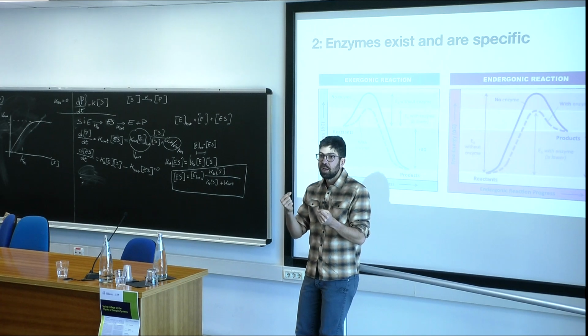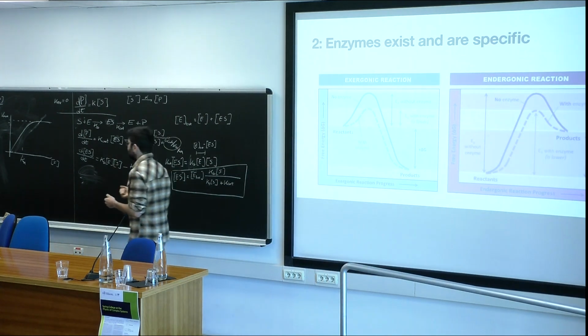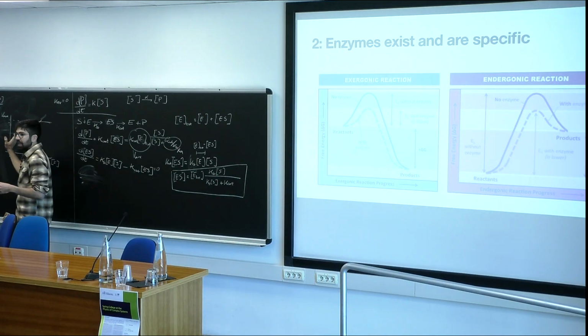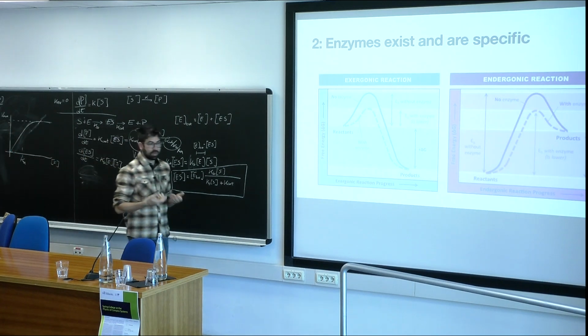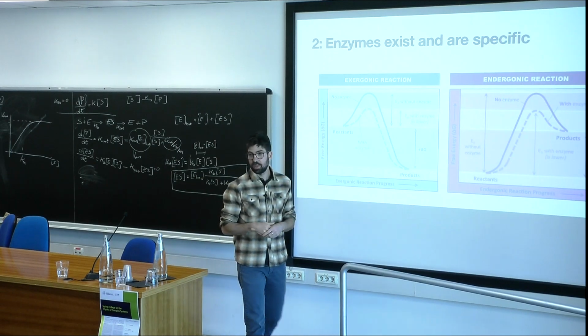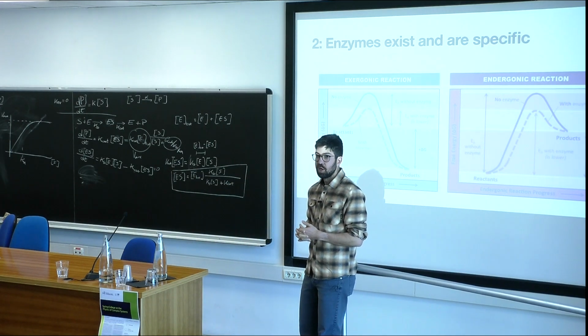So the structure of the enzymes determines basically how fast effectively you can produce and what is the dependency of the production rate on the concentration of the substrate. So you can somehow tune the output based on the input, okay?